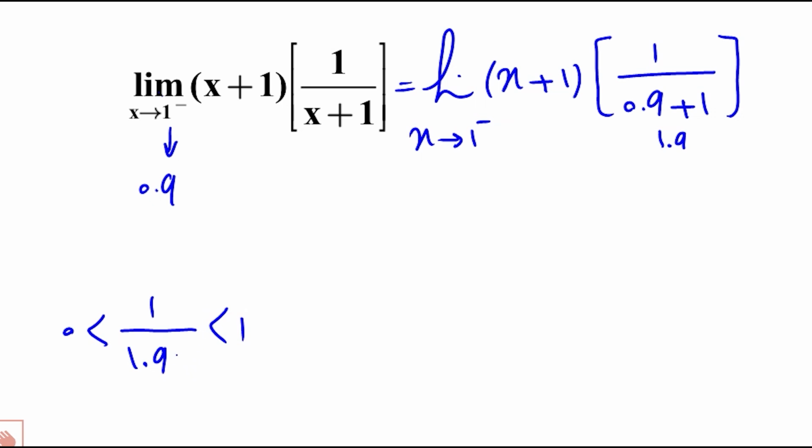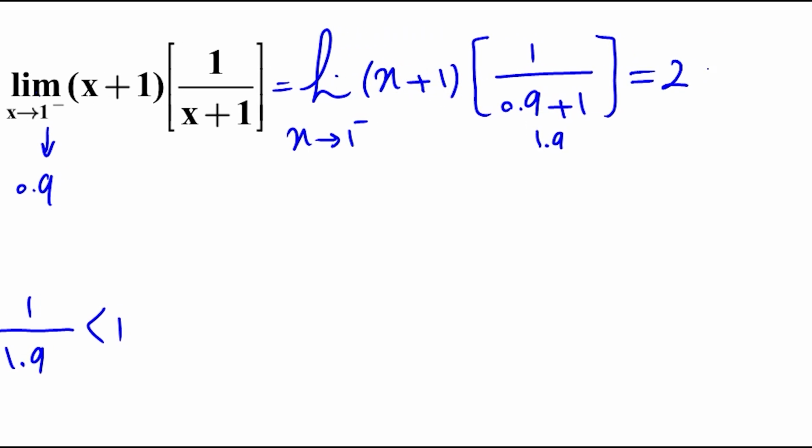Okay, so the floor of 1 over 1.9 is equal to 0. And 1 plus 1 is equal to 2, so 2 times 0 is equal to 0.